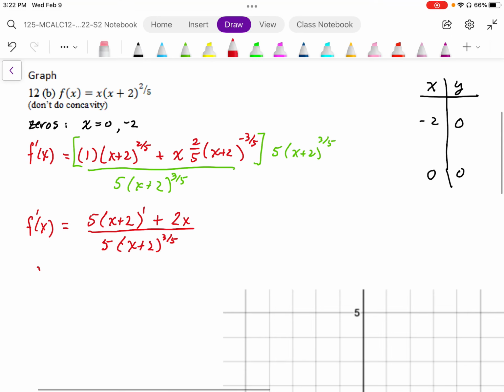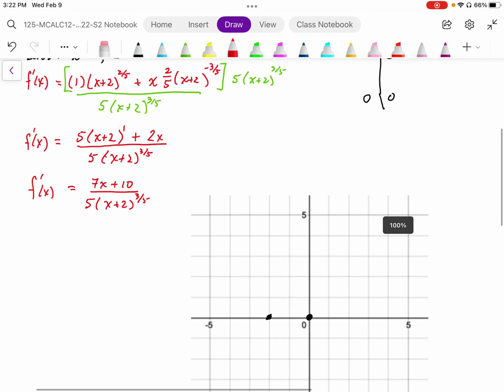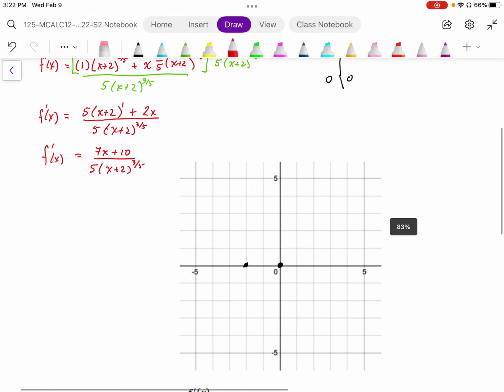Okay, I'm going to simplify this expression because I want to solve for some zeros here. So I get 5x plus 2x, that's 7x plus 10. I can find zeros from that. I also have a restriction at -2 because I can't have my denominator equal to 0. And then I can start doing my slope chart here.